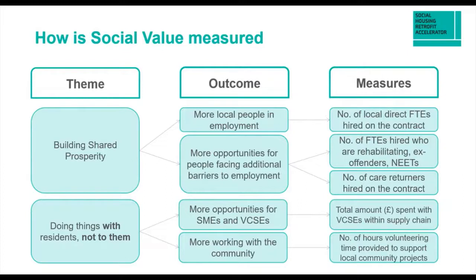And in terms of measures, again, there are all sorts of ways you can look at this. You can quantify how things have changed from your baseline through to completion of your project. You can look at the amount spent with different categories of people, and at things like volunteering hours. There will be many more aside from those, but that just gives you an idea.